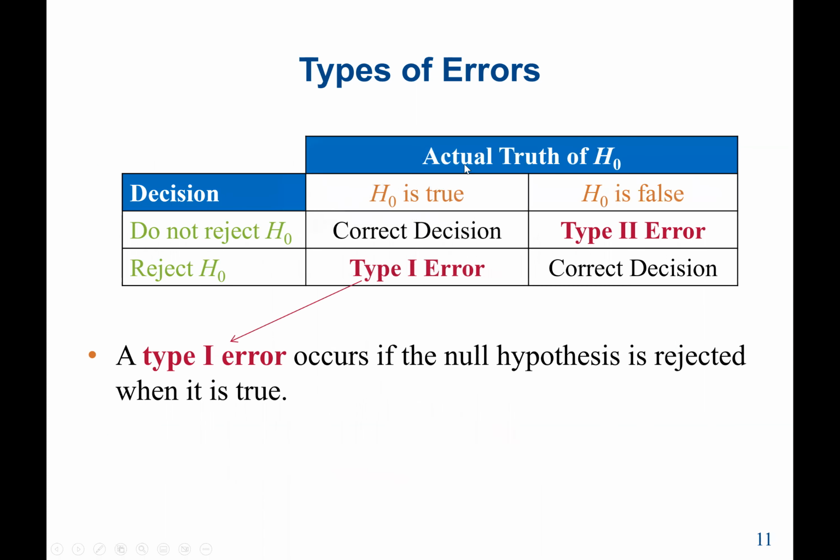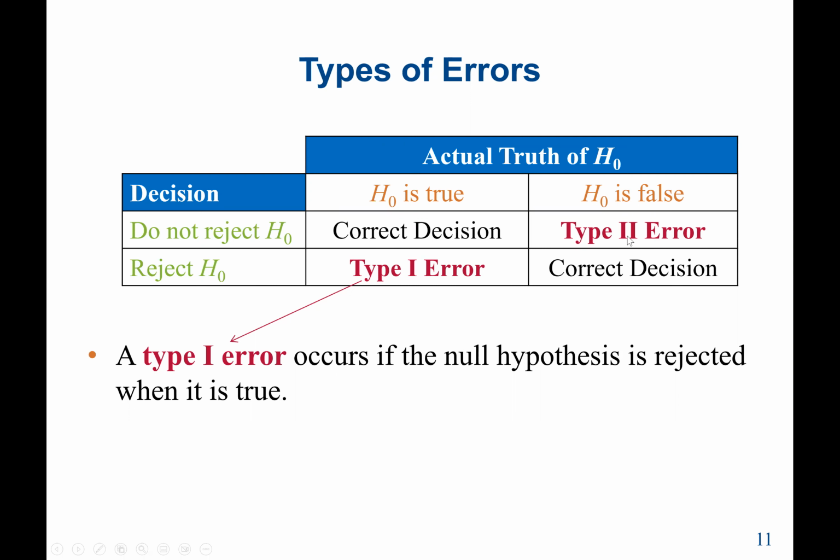Now, types of errors: we said there are two types. Our first error, type 1 error, means we reject a true HO. So HO is true, but we reject it. And type 2 error is when we do not reject a false HO.